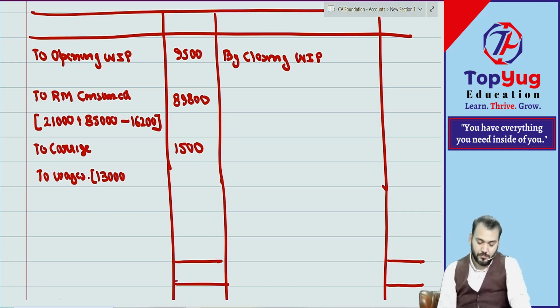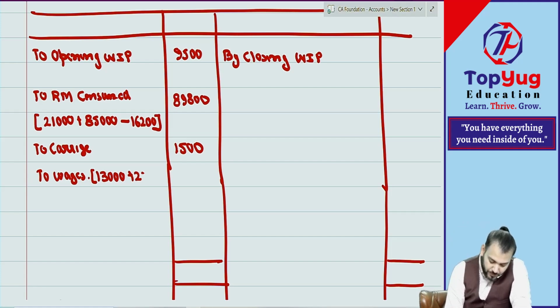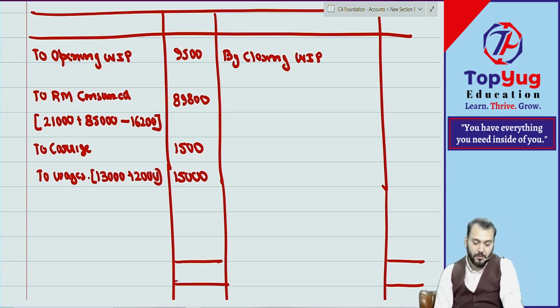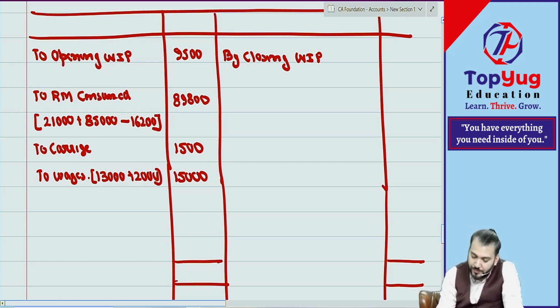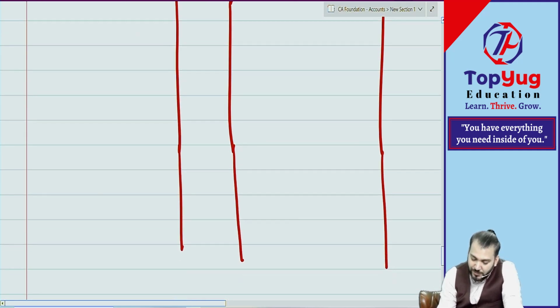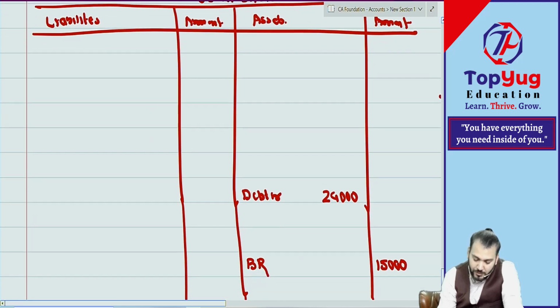Plus. So it will become how much? Understood? Adjustment will have how many effect? So outstanding wages will go where? Asset side? Liability side? Oh, sorry.